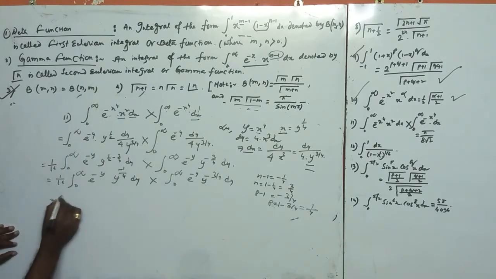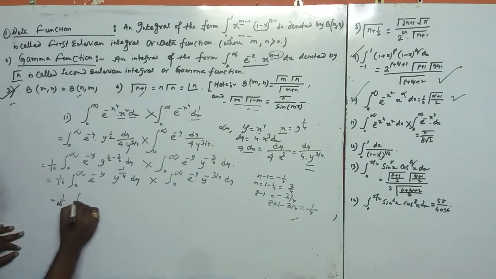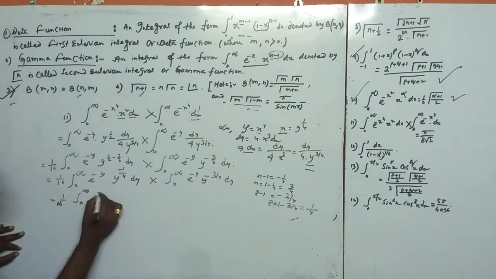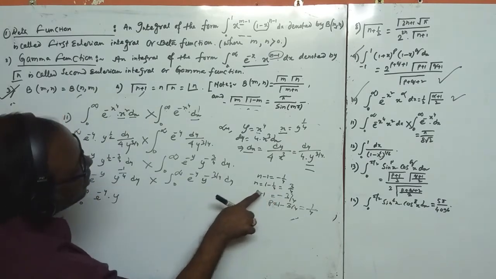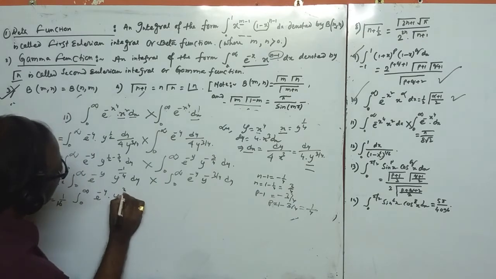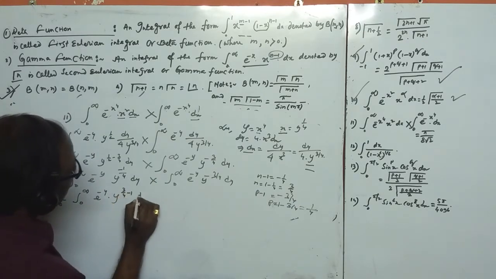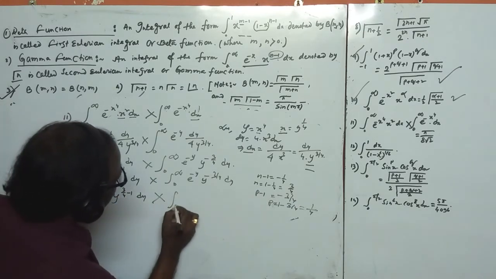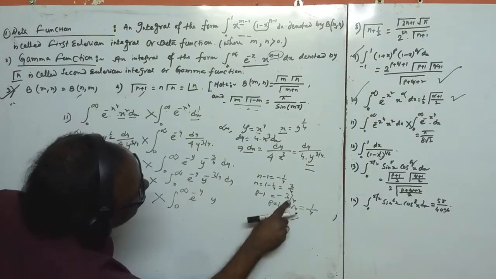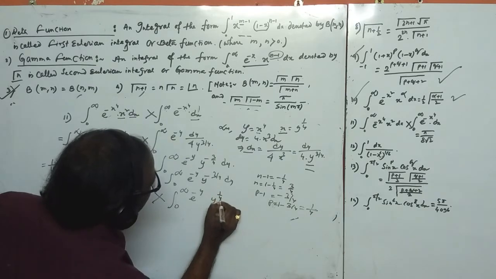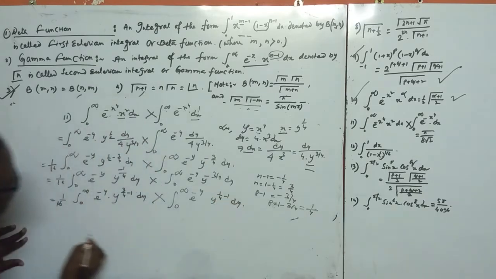Now write here 1 by 16, and 0 to infinity e to the power minus y, y to the power 3 by 4 minus 1 dy. Again 0 to infinity e to the power minus y, and y to the power 1 by 4 minus 1. That is the formula.